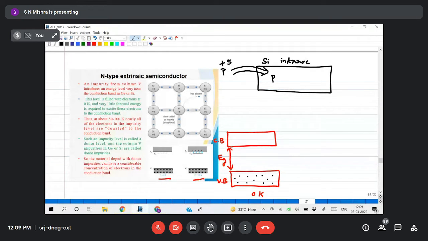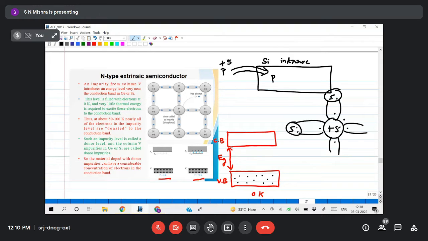Now this phosphorus, if you see, this is plus 5, electrons are there in the outermost shell, and when we join, we have seen 4 electrons will be attached to the neighboring silicon atoms. And this is the 5th electron, which is very loosely attached to the nucleus, and it requires very less energy.